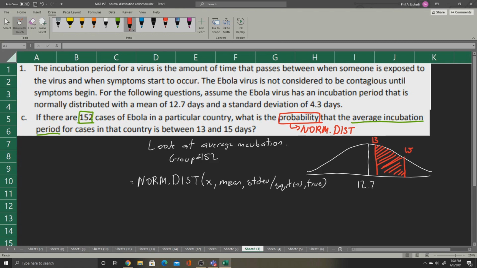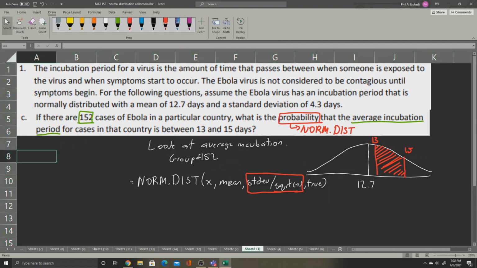So once again, we are making this adjustment to the standard deviation because we are looking at the average of a group rather than an individual. The key words here were average incubation period. Now let's gather up our pieces of the puzzle. The x values we need to check are 13 and 15.